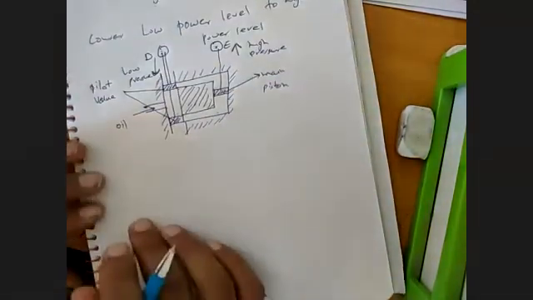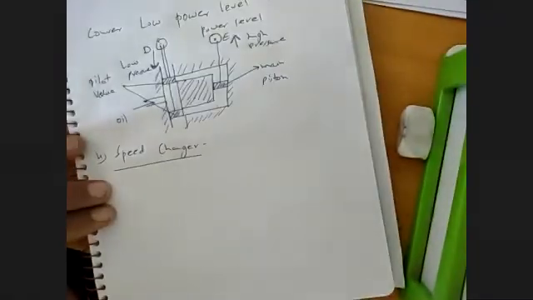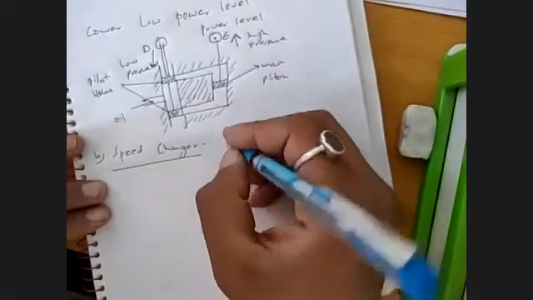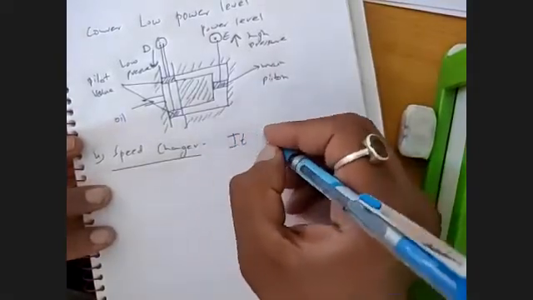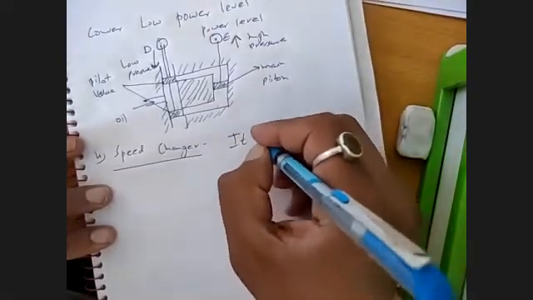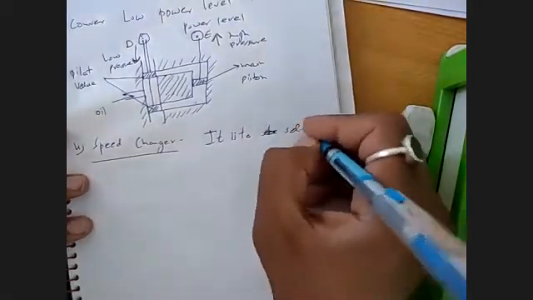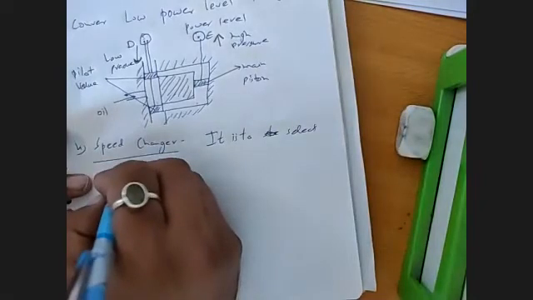Then we have fourth, which is speed changer. So this speed changer, as we have already discussed, is to select the reference speed.